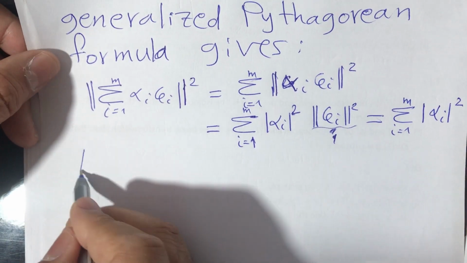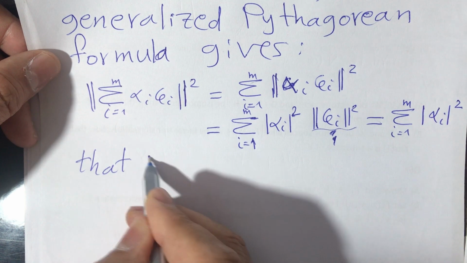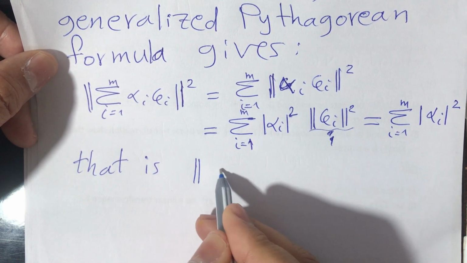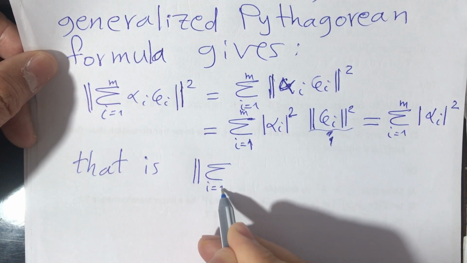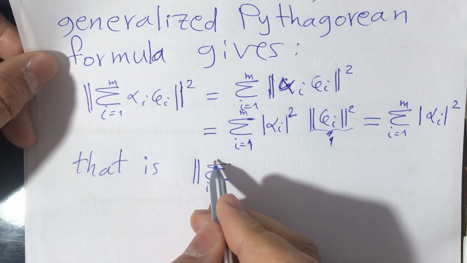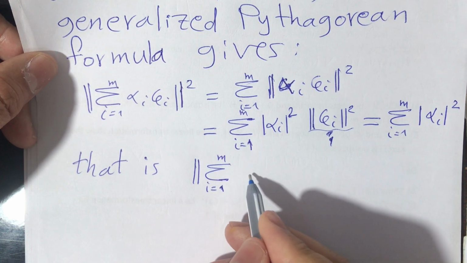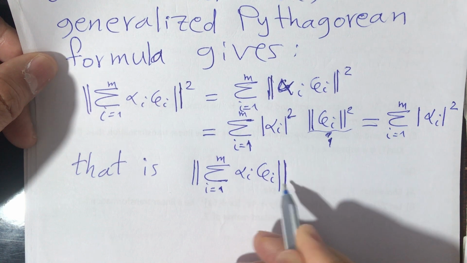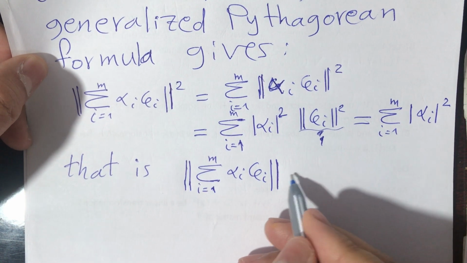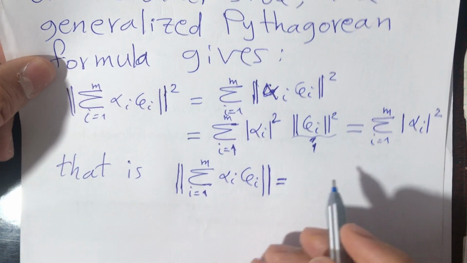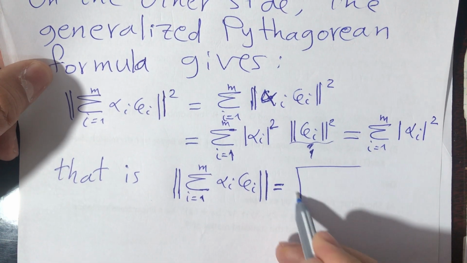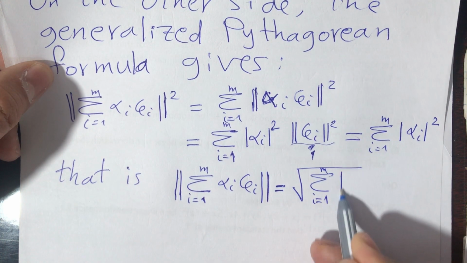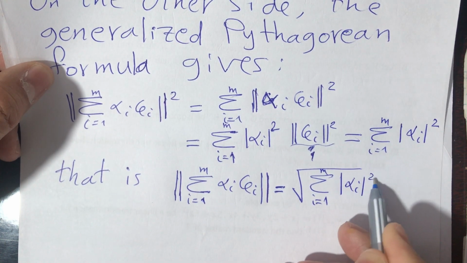That is, the norm of the summation I from 1 to m of alpha I phi I is equal to the root of the summation I from 1 to m of the absolute value of alpha I squared.